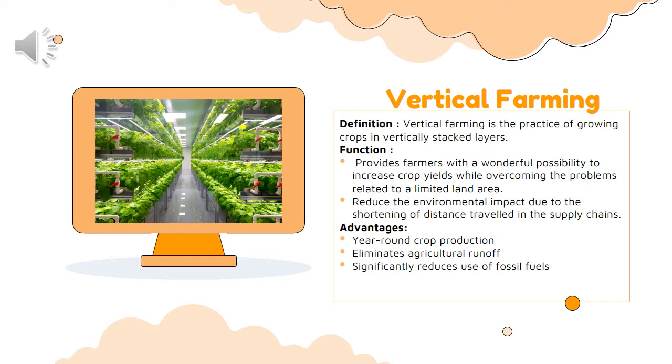Secondly, a combination of natural and artificial light is used to maintain the perfect light level in the room. Technologies such as rotating beds are used to improve lighting efficiency. Third, instead of soil, aeroponic, aquaponic, or hydroponic growing media are used. Peat moss, coconut husk and similar non-soil media are very common in vertical farming.